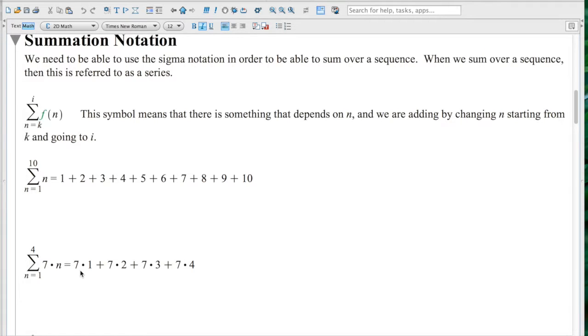Now for each one of these, we change the n from 1 to 4 and then add. It turns out that we could have actually brought the 7 out in front of the sigma and summed from 1 to 4, but we'll go over properties of sigma addition later on. There are some other properties like that. So if you did this one, it would be 7 plus 14 plus 21 plus 28, whatever that is.